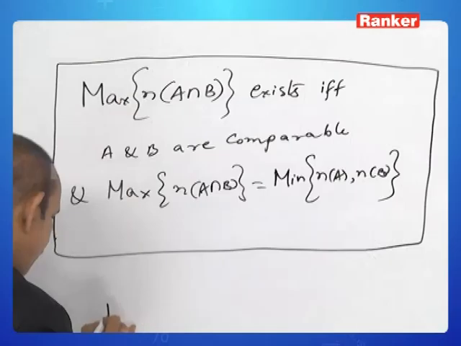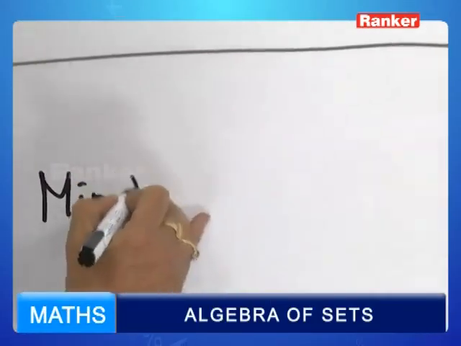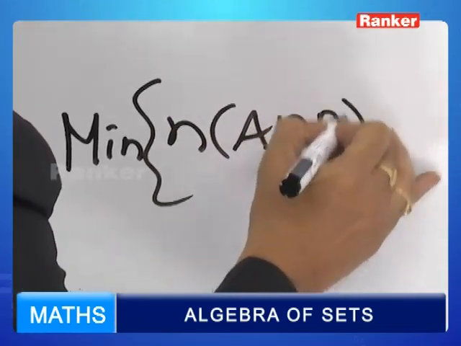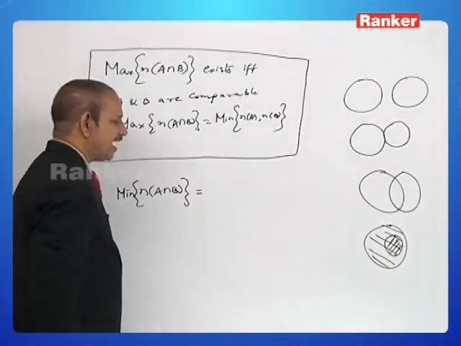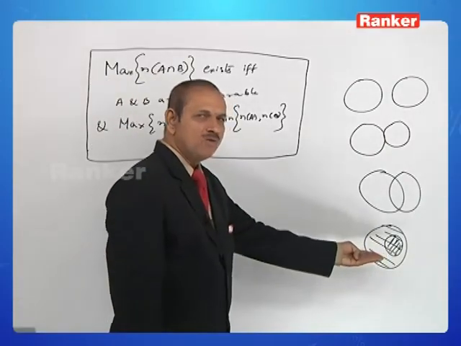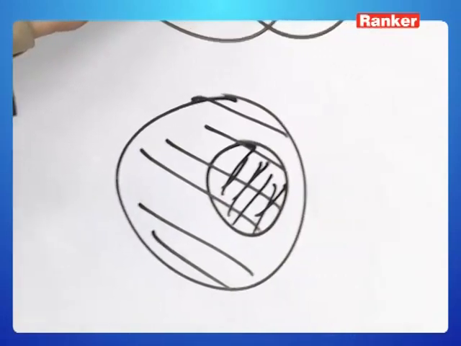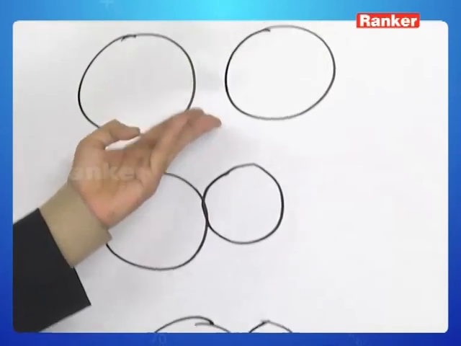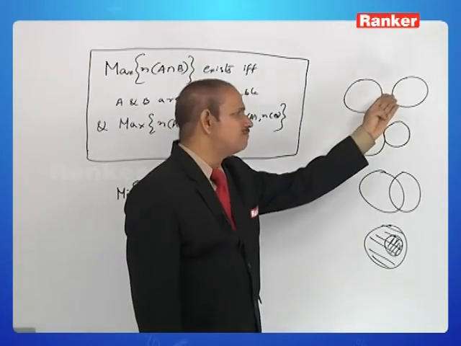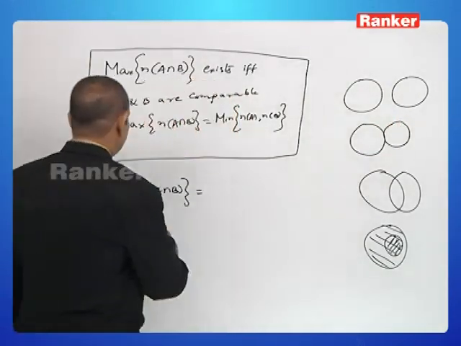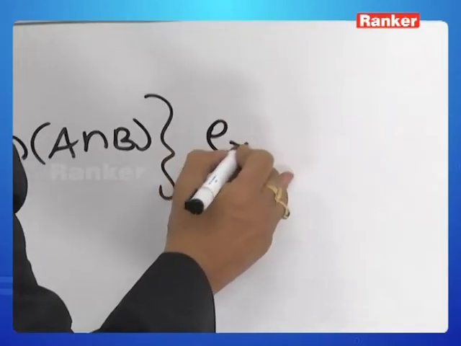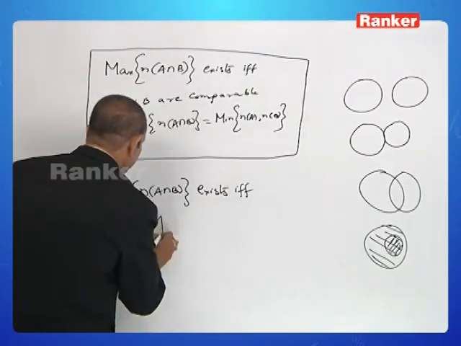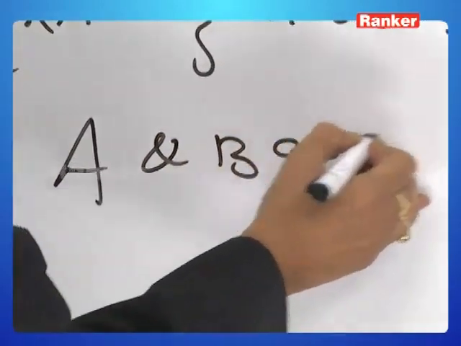Good. The minimum of n of A intersection B. When can it happen? If you move from this diagram to this diagram, n of A intersection B decreases, still decreases, full decrease. Actually, it is 0, isn't it? So what is the minimum number? Purely 0. Therefore, the minimum of n of A intersection B exists if A and B are disjoint.